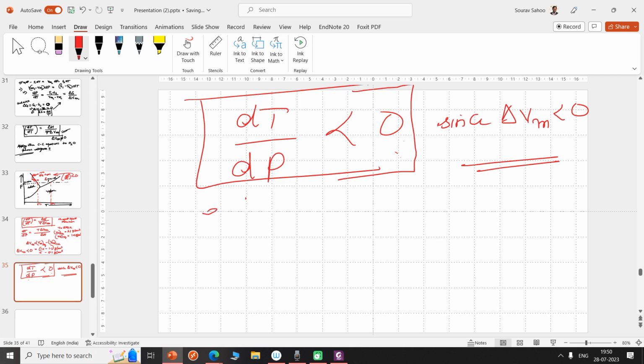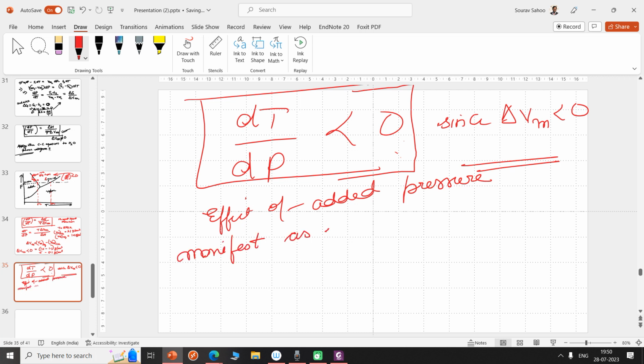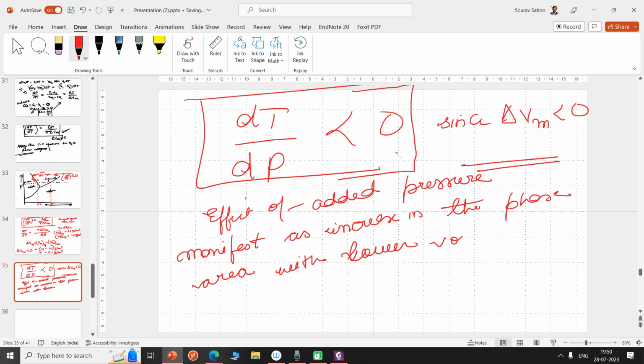And intrinsically the effect of added pressure will manifest as an increase in the phase area with lower volume, right?